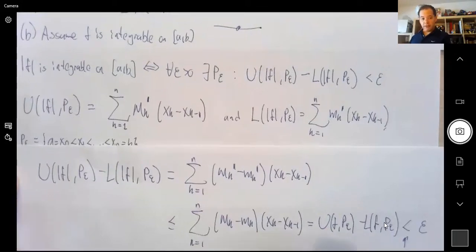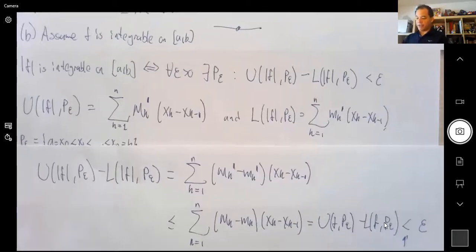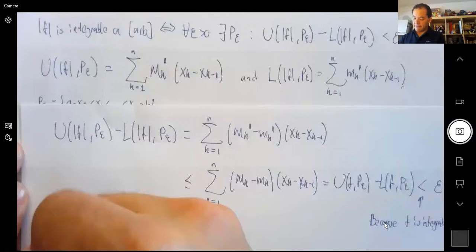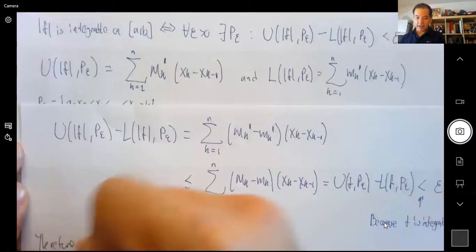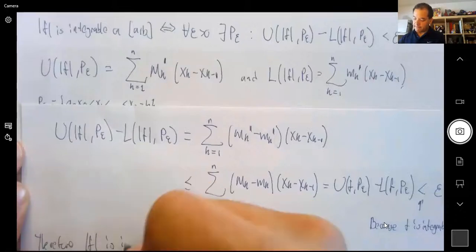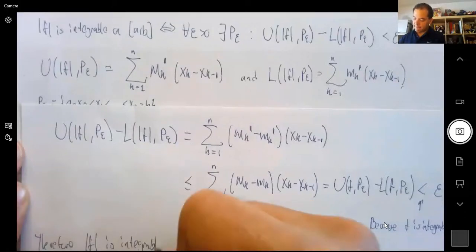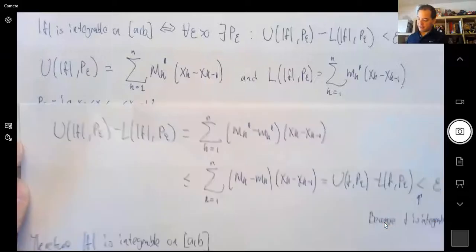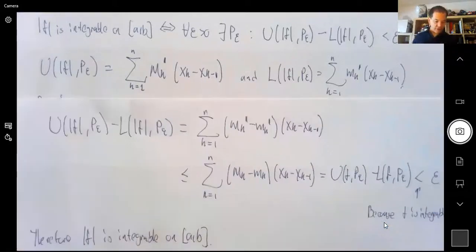Therefore the one with the absolute value of f is less than epsilon. It follows that the absolute value of f is integrable in AB. And we are done.